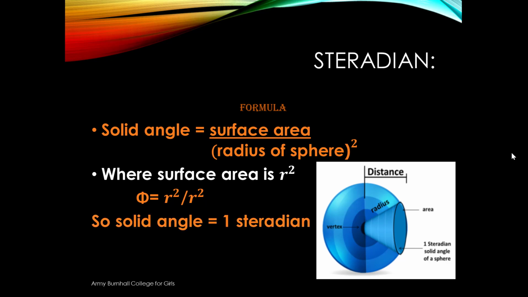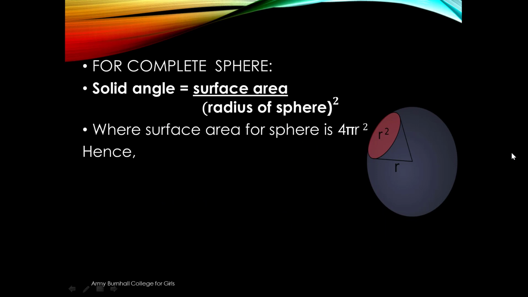Okay, so over here if we are considering the complete sphere, we can use the formula solid angle is equal to surface area divided by radius of the sphere square. We know that for a complete sphere, surface area is equal to 4 pi r square. We have to put this surface area in the formula. We will get solid angle is equal to 4 pi r square divided by r square.